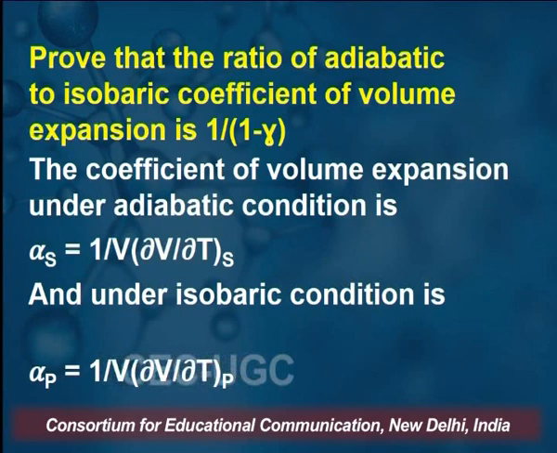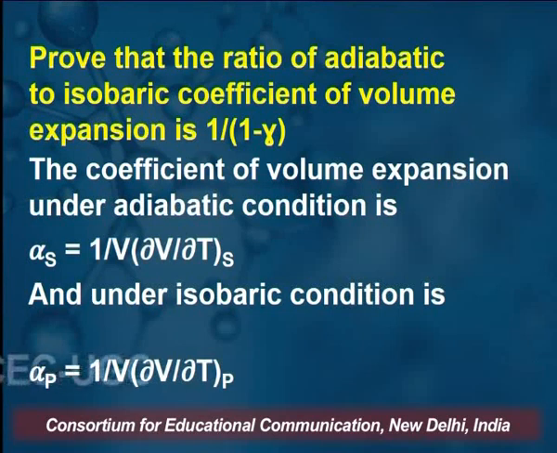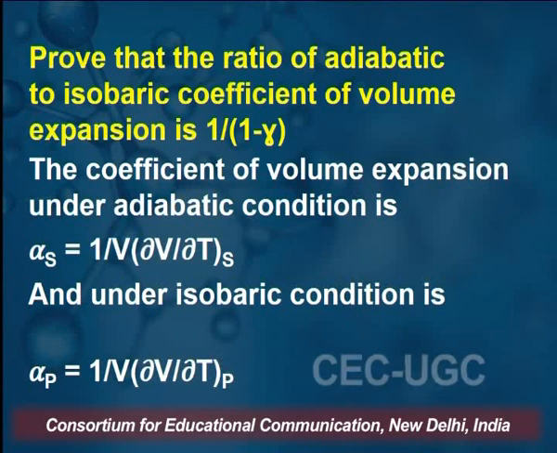Prove that the ratio of adiabatic to isobaric coefficient of volume expansion is 1 over 1 minus gamma. That is, we have to show that alpha S by alpha P is equal to 1 over 1 minus gamma, where gamma is Cp by Cv.